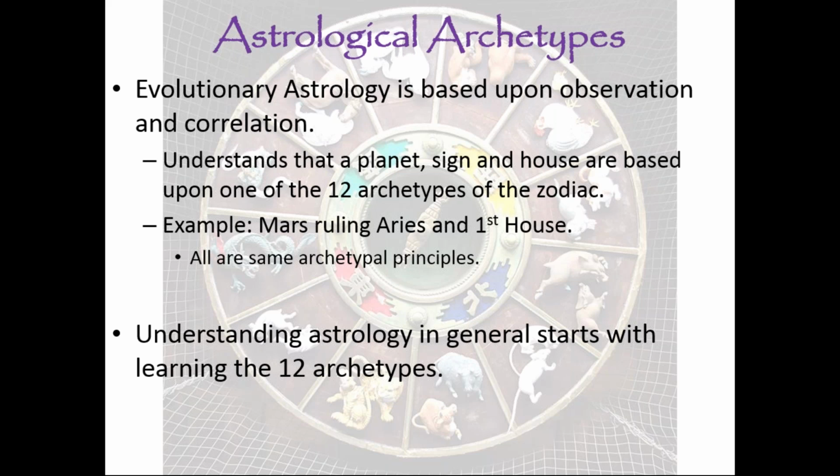First of all, I just want to remind everyone that evolutionary astrology is based upon observing what is out there in your environment, in nature, and correlating it to the symbol or the archetype. And here at EA, we understand that a planet and the sign and the house that it rules is one archetype.